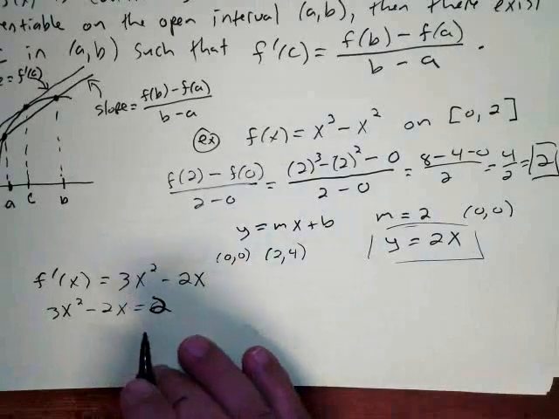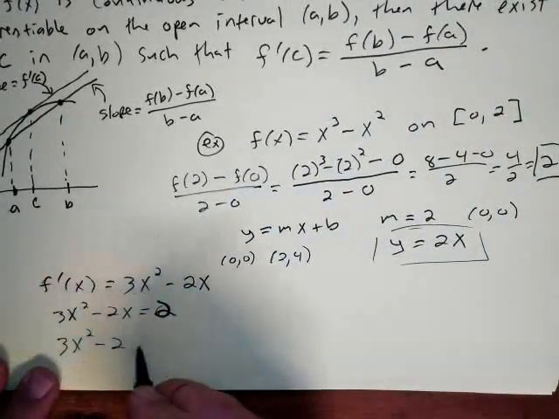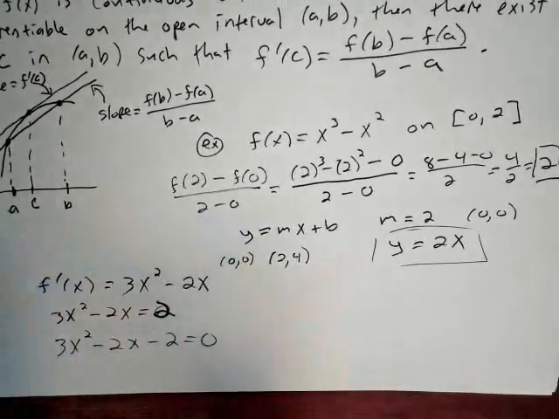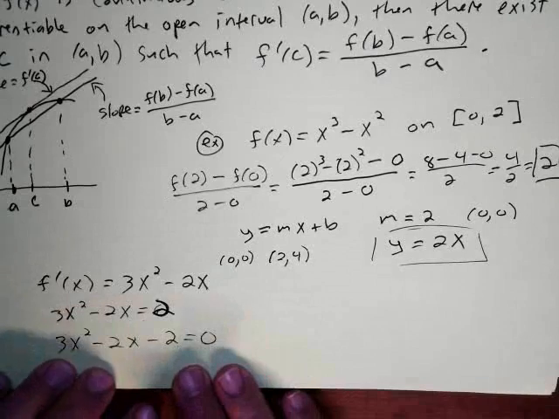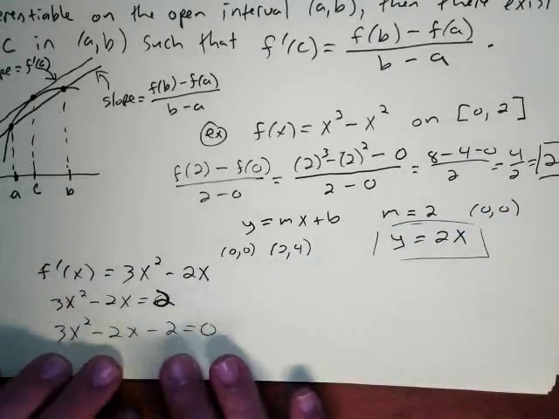So now what I have here is a quadratic equation. Now you will have to solve some equations, so you'll have to think back to your algebra and remember how to solve these.